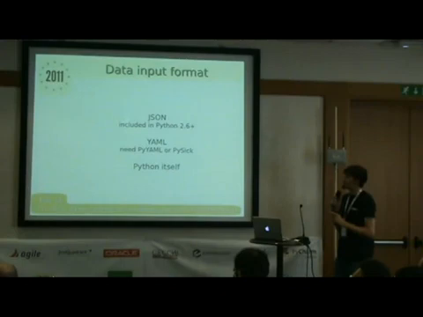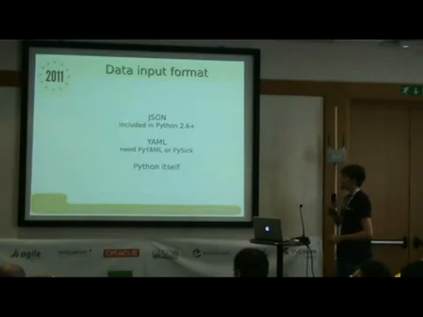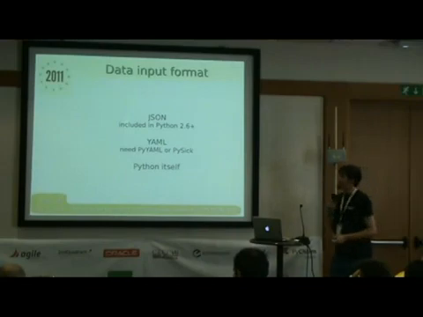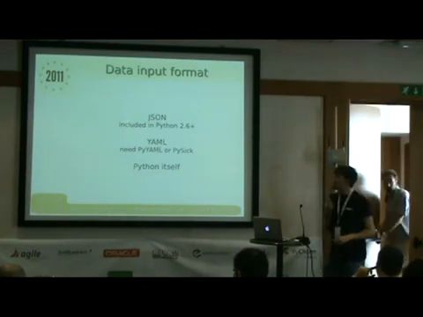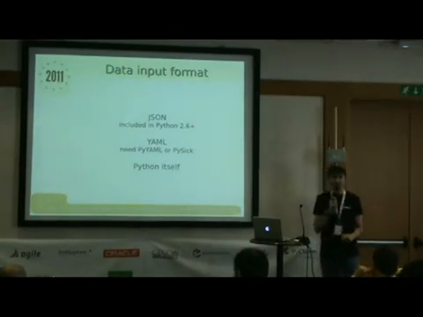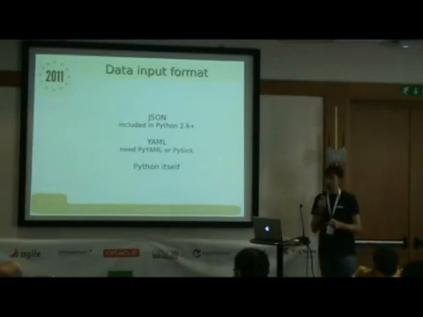Then, for data, there are some possibilities. The first one is JSON, which is included in Python 2.6 and the next versions. YAML needs PyYAML to work in Python. It is not a standard, and JSON is a standard.